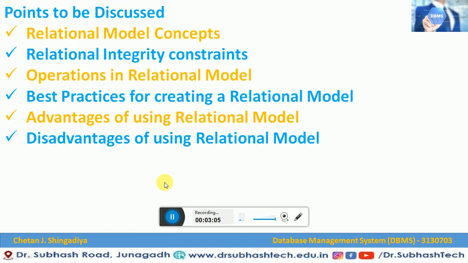Now, after understanding the definition of the relational data model and the concept of how they are logically connected, we would like to see in this video lecture these topics: relational model concepts, and relational integrity constraints. Now a constraint we can call a set of rules in DBMS.